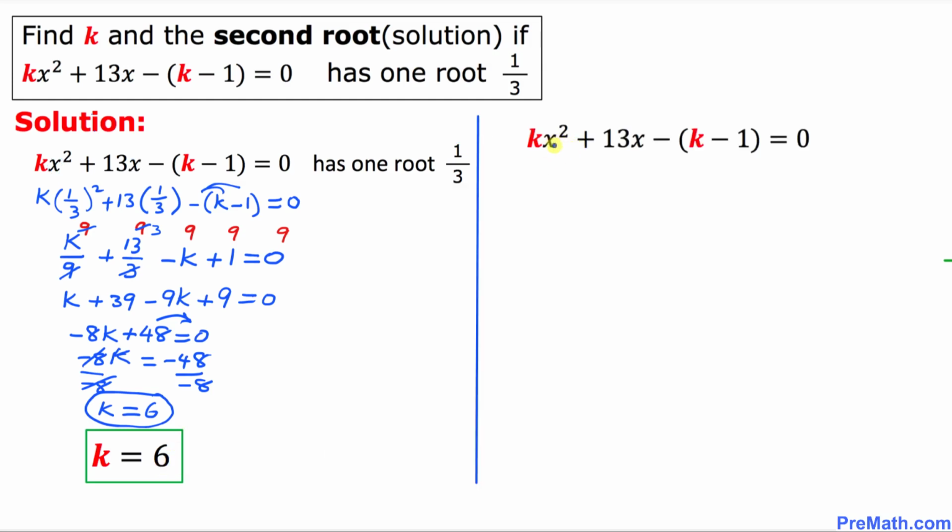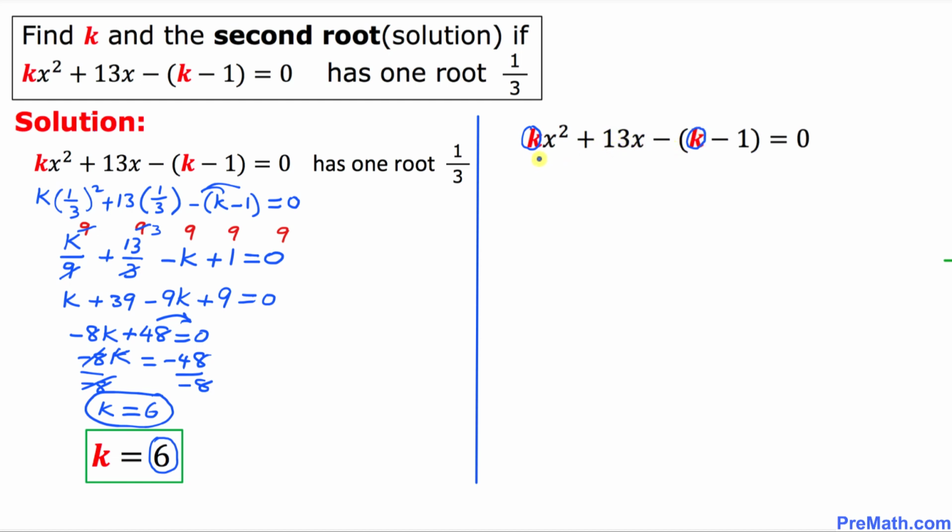Now in our next step, we know that this is our given quadratic equation, and we figured out k equals 6. So wherever we see k in this quadratic equation, we are going to replace it by 6.